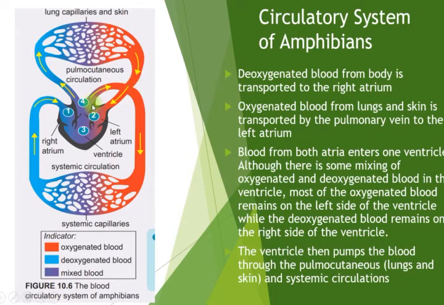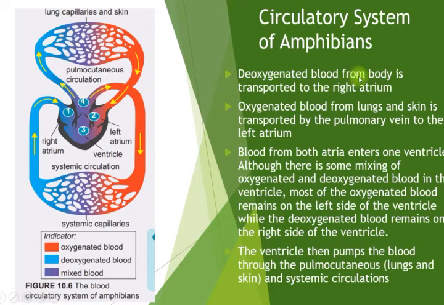Another one is systemic circulation. So the blood flows in two directions, one is pulmocutaneous circulation and another is systemic circulation. That's why it is called a double circulatory system. Right, so let's go to the explanation here.